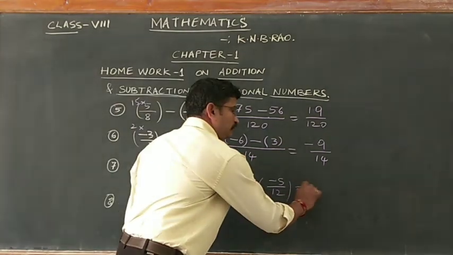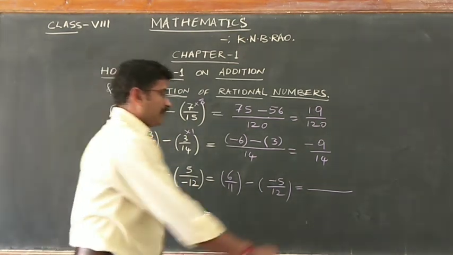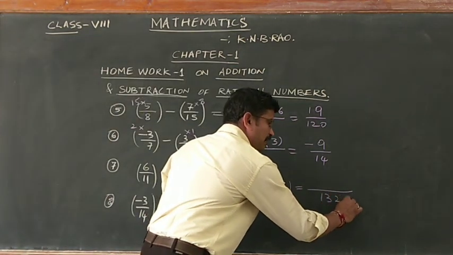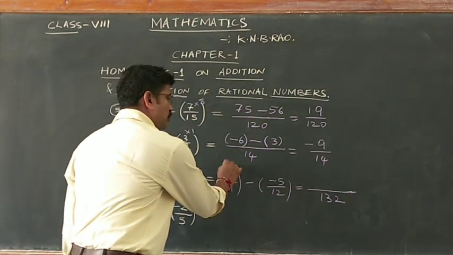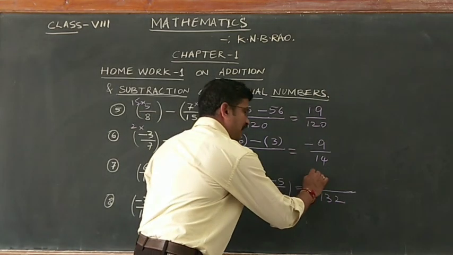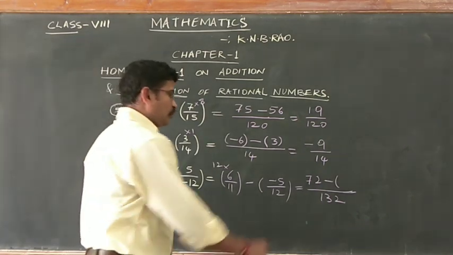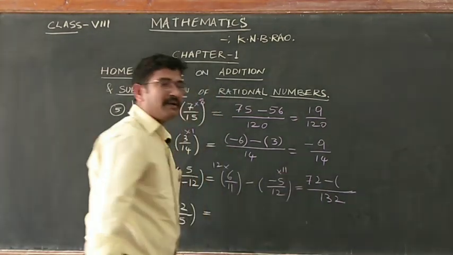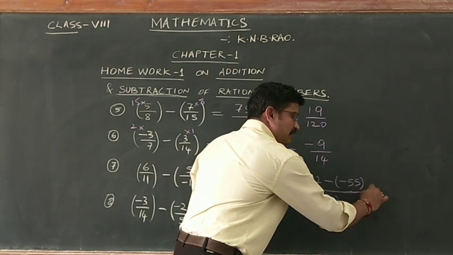Now, the LCM of 11 and 12 is 132. So, 11 in 132 is 12 times. So, 12 multiplied by 6, 12 6s are 72, minus, 12 in 132 is 11 times, 11 times minus 5 is minus 55.